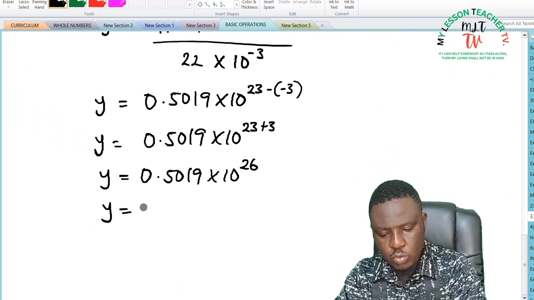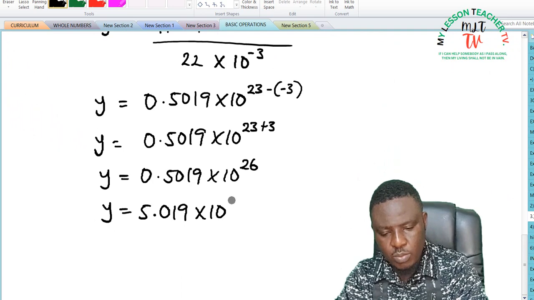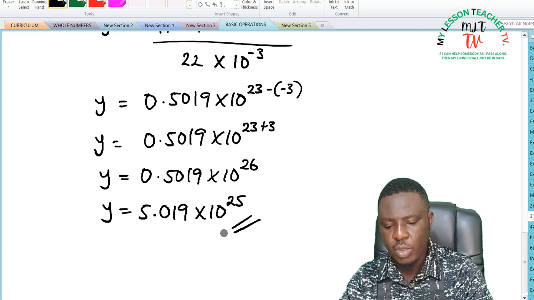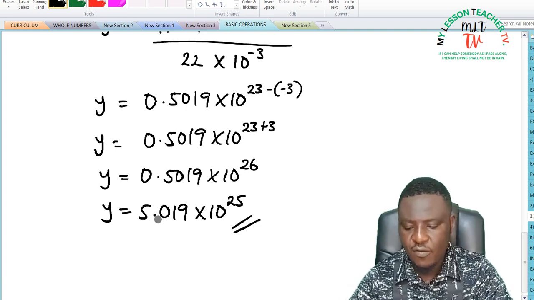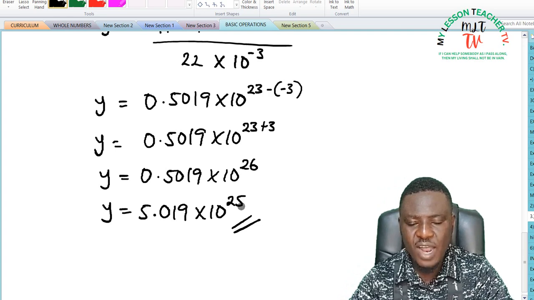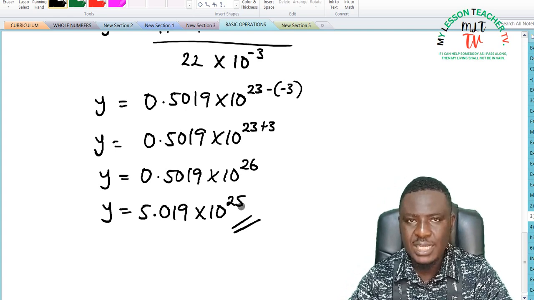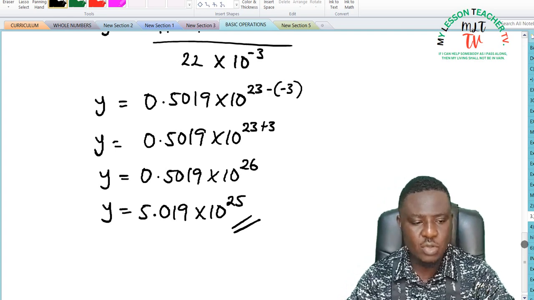This will be equal to 5.019 times 10 raised to the power of, when you move the decimal point one place to your right, the power decreases by 1. So this is times 10 raised to the power of 25. So you are going to have 5.019 times 10 raised to the power of 25 molecules in 1.5 liters of water.